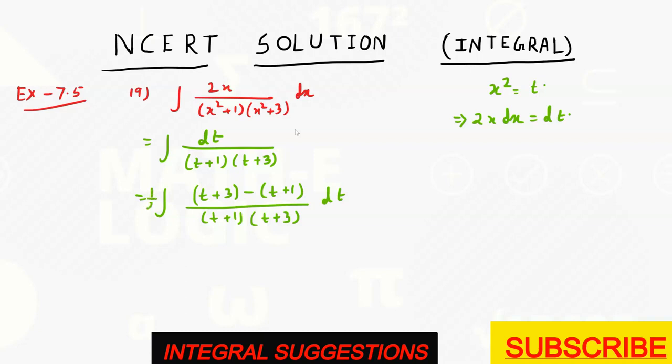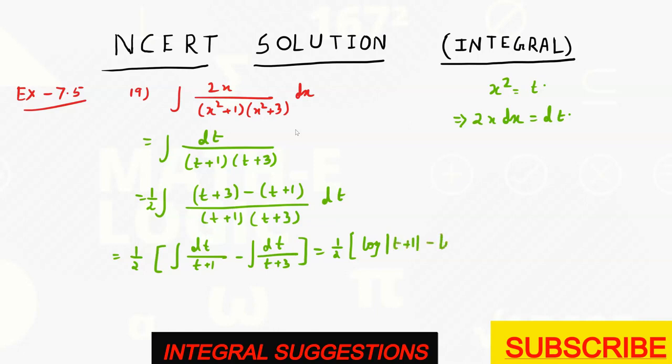So we have to put half outside the integral. 2 and half cancel out, right? Now if we divide into two parts, then we get half of integral, t plus 3 cancels out. So dt by (t plus 1) minus integral dt by (t plus 3). So we get half of log of (t plus 1) minus log of (t plus 3) plus c.